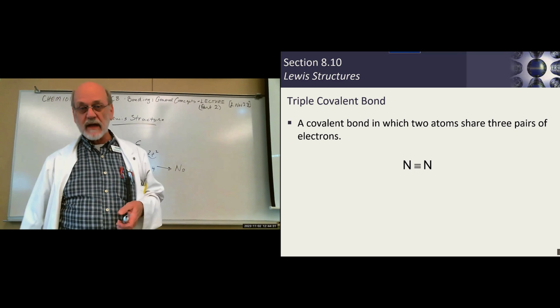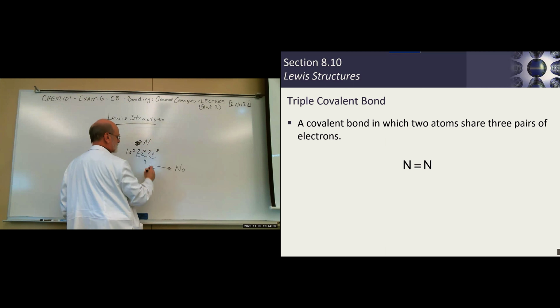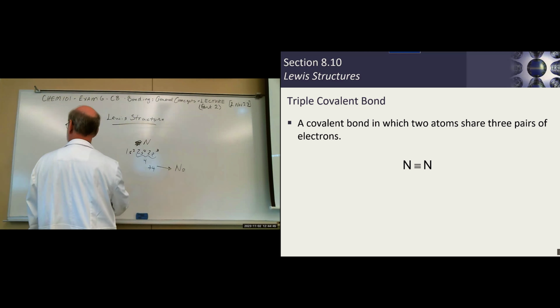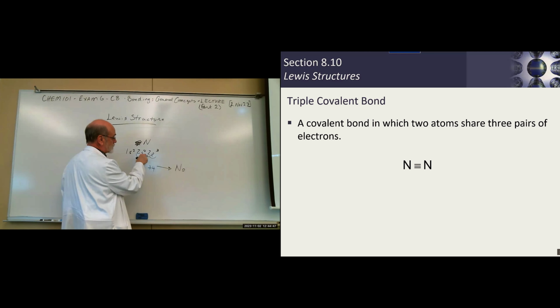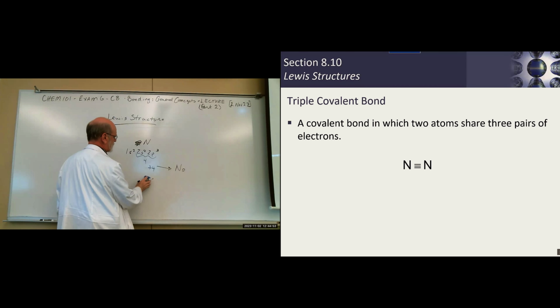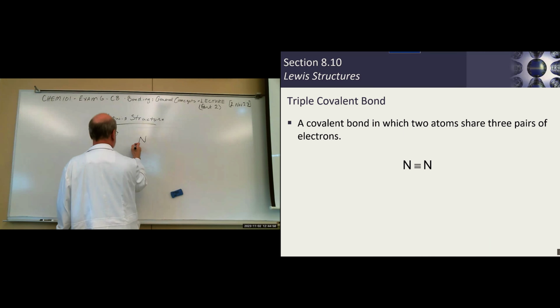Nitrogen has 3. Nitrogen would be like this. Let's see, is that right? No. Yeah, that's right. So nitrogen needs, no, that's not right. Hold on a second. Let me start over again. Nitrogen has 7 here, so it'd have 1s2, 2s2, 2p3.